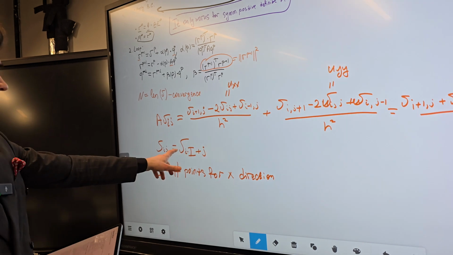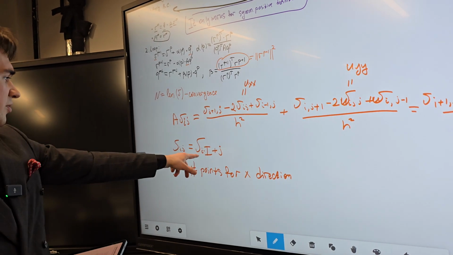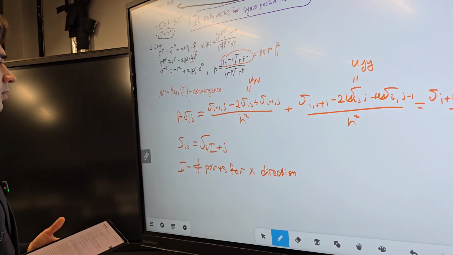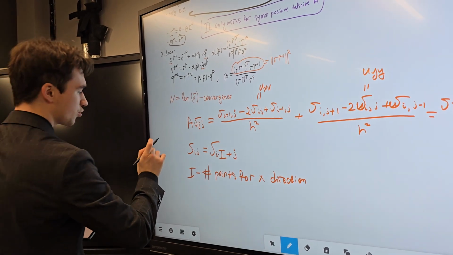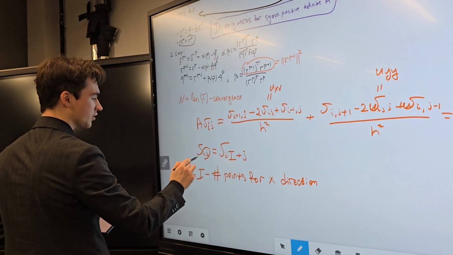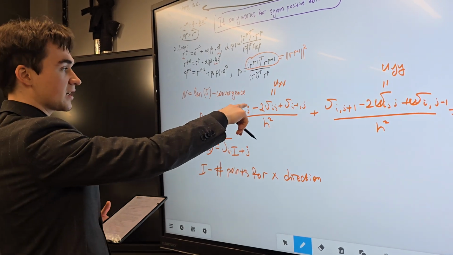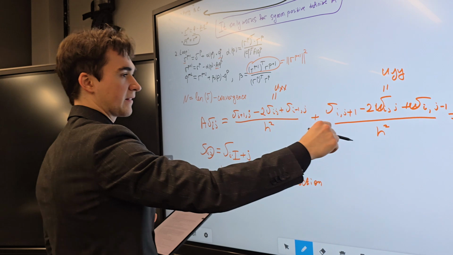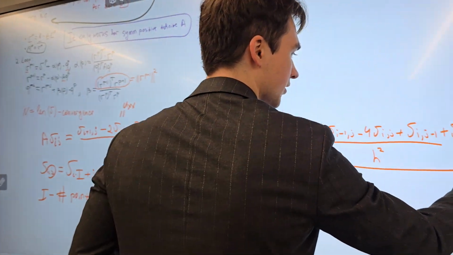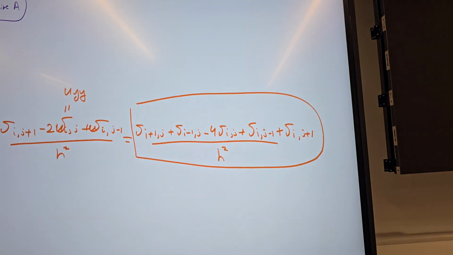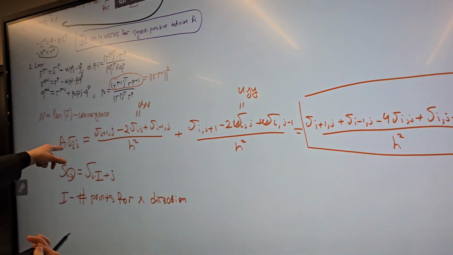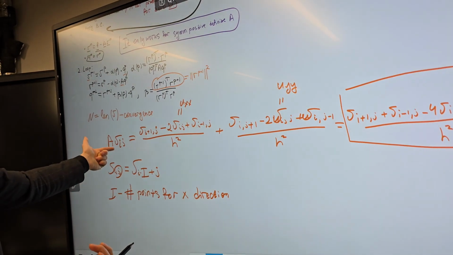I suppose it can be converted like that, or maybe we should put I here. But it's possible to use this double notation to define a 1D array. But the most interesting part is that now we have an understanding of how our matrix A is supposed to act on vector V.